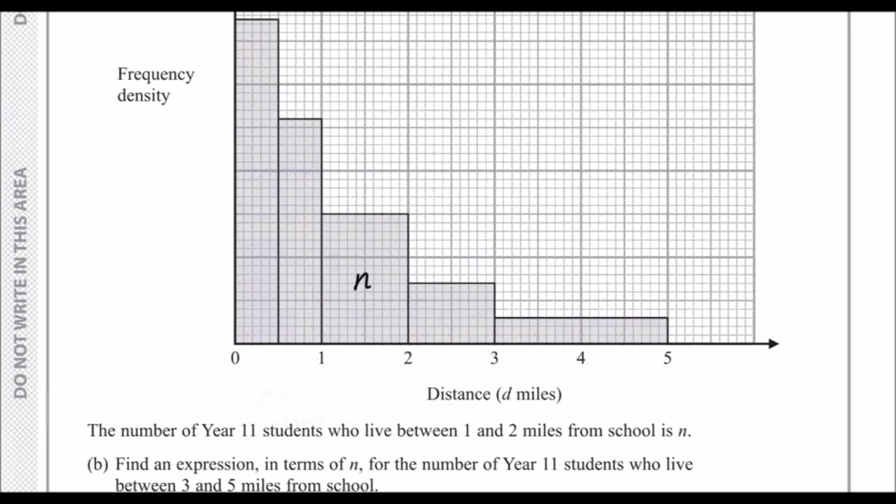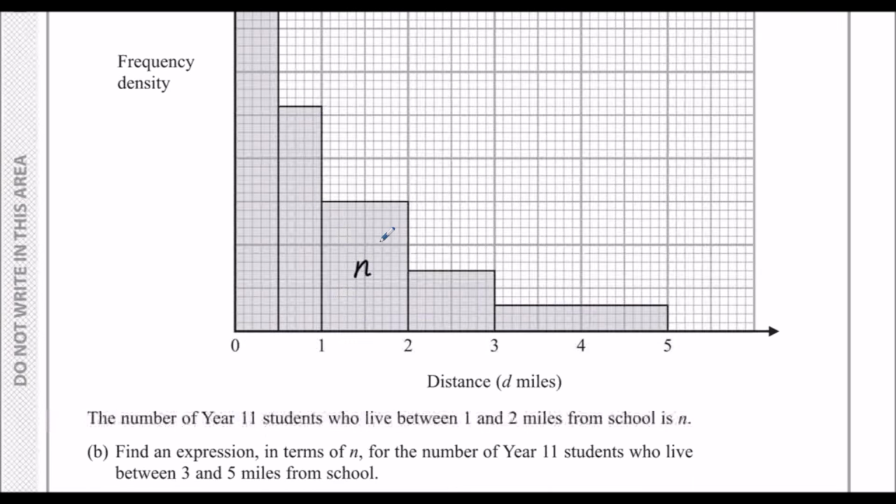So we have a frequency of n, a width of 1, so we can work out the frequency density in terms of n. Frequency density is frequency divided by class width, n divided by 1 is n.